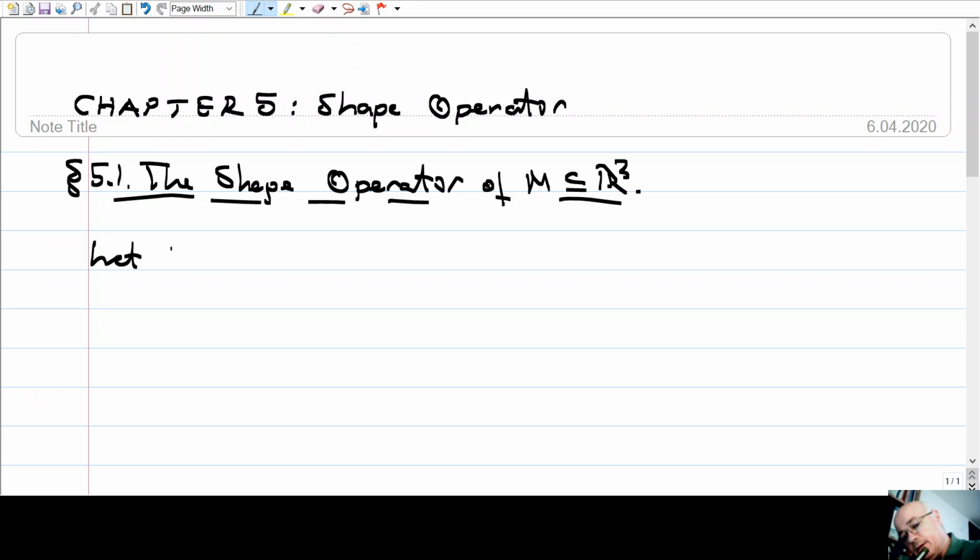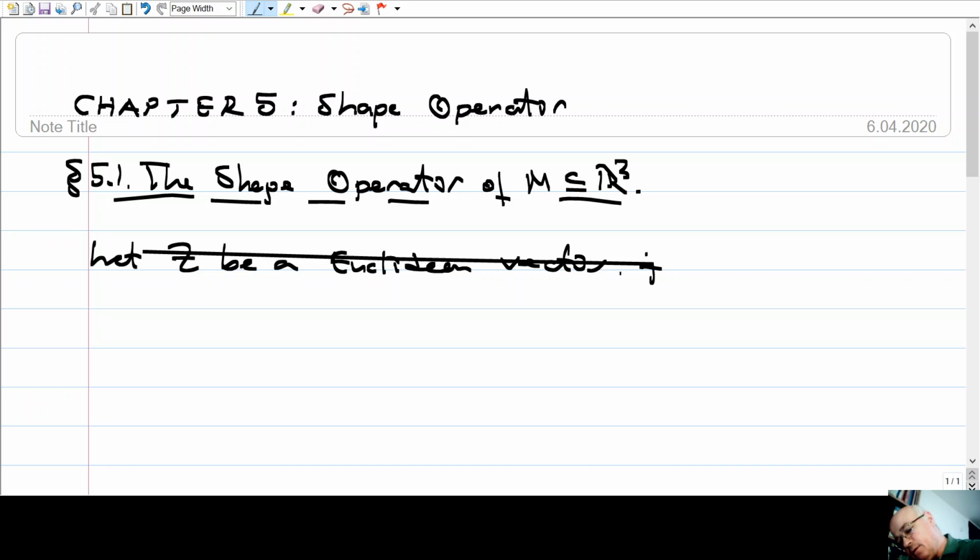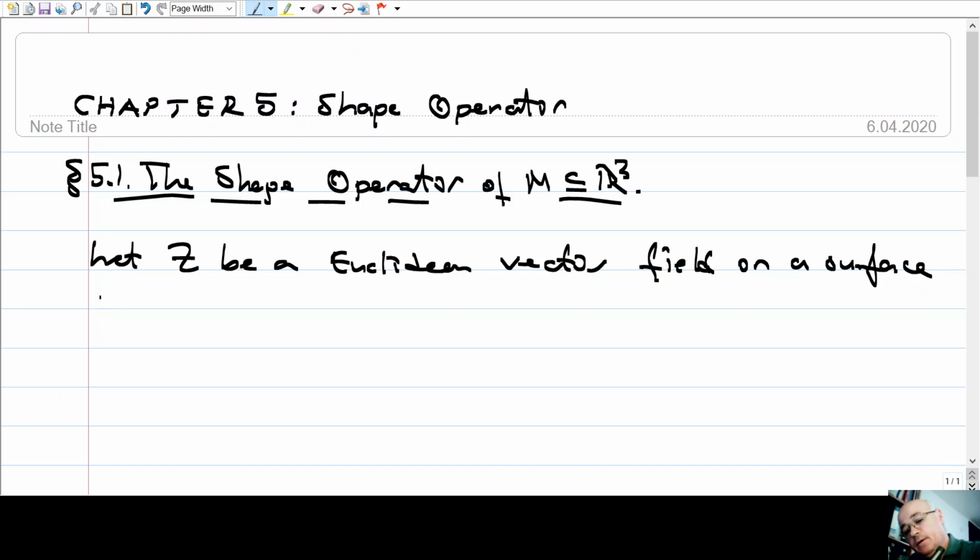Let Z be a Euclidean vector field on a surface M in R3.